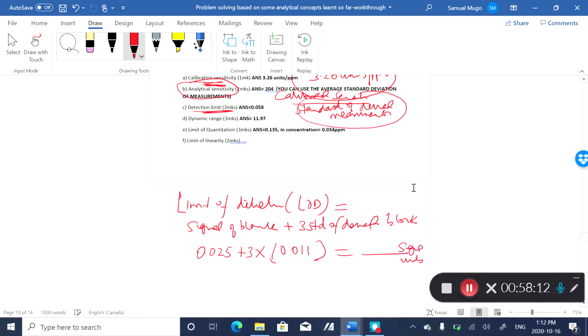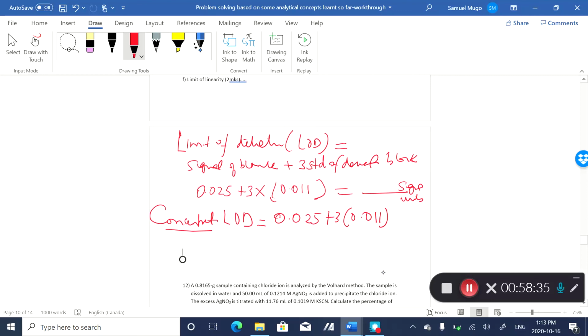If you've been asked to calculate the concentration limit of detection, what you need to do is take the 0.025 plus 3 times 0.011, essentially the signal limit of detection, and then divide it by the calibration sensitivity, which is the slope.